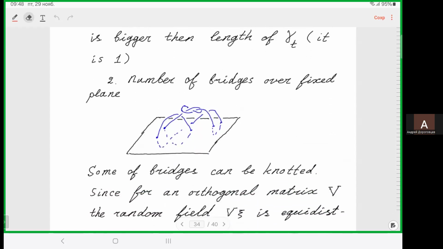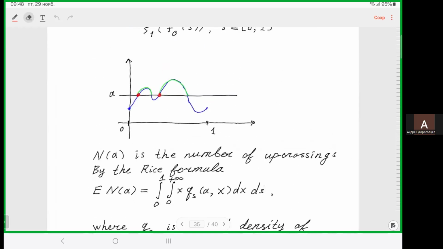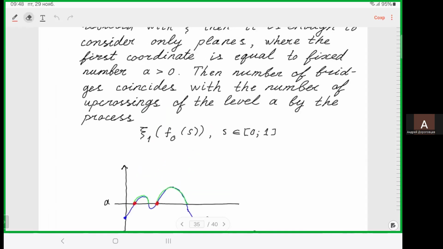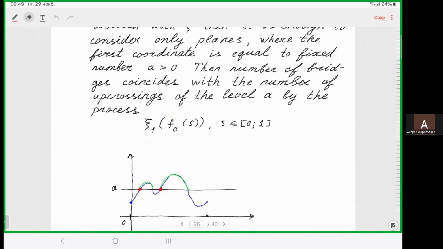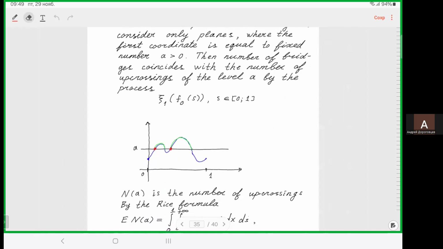But I just recall to you that some bridges can be knotted. Since our random field is isotropic, it is enough to consider a plane which is parallel to some coordinate plane. This means, excuse me, we consider only planes where the first coordinate is equal to a fixed number.